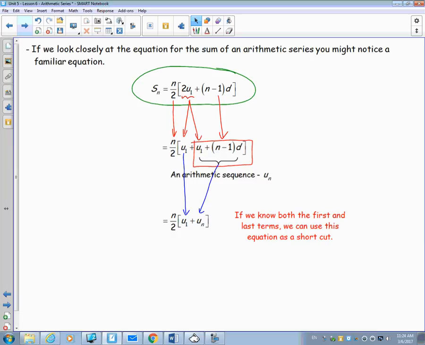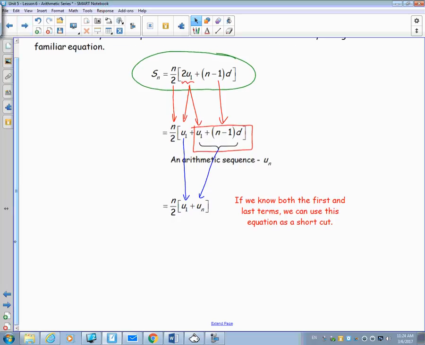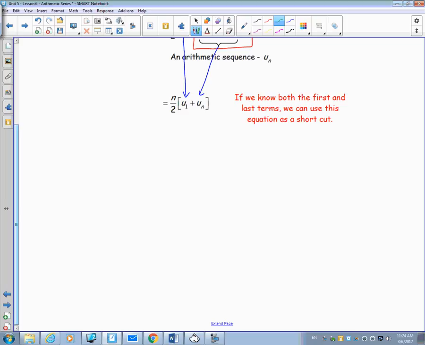So for a bit of a shortcut, if I know the first term and the last term, I can find the sum really quickly by adding them together and multiplying by n over 2. If we look at our previous example for just a second, we had 7, 14, 21, 28, dot, dot, dot, up to, what was the last one, 175? Yeah. We said there was 25 terms in the sequence.